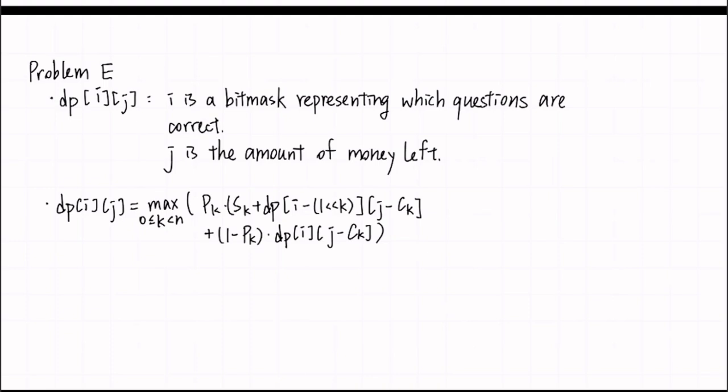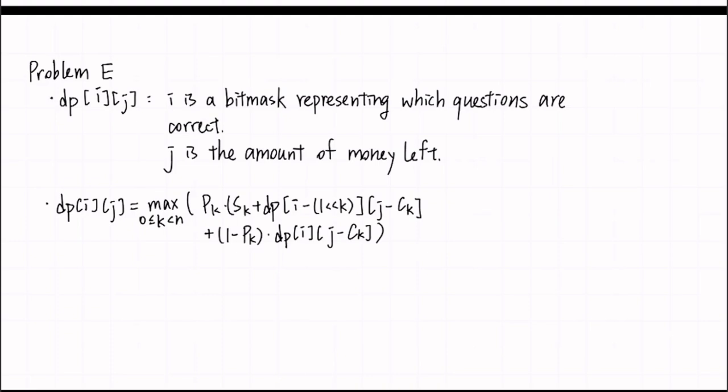first, this part is if there's pk probability, where k is what we loop through and is the current problem that he submits.